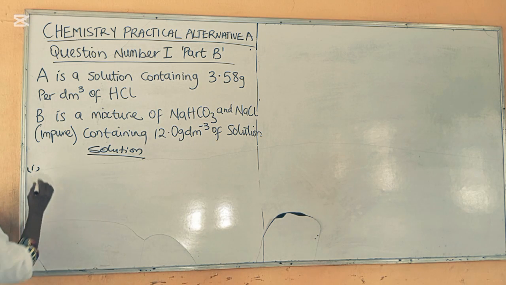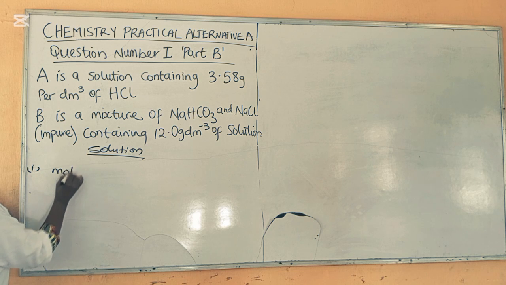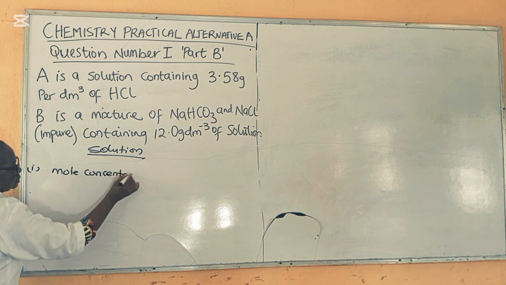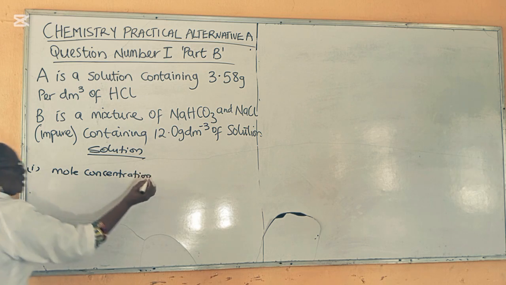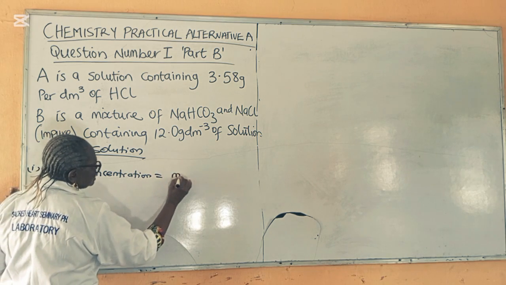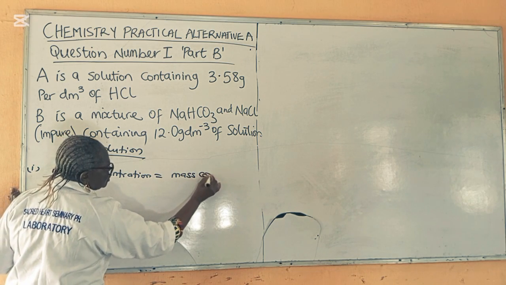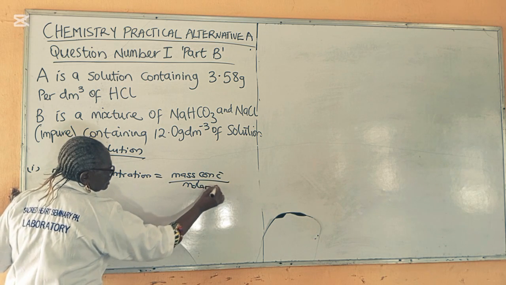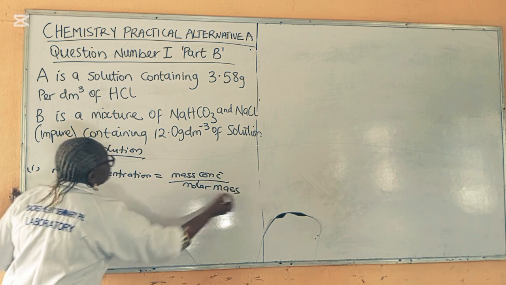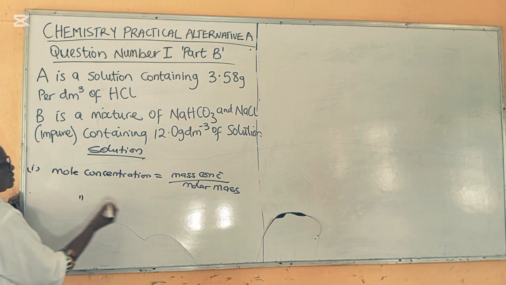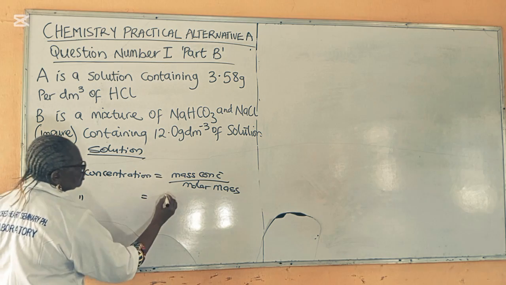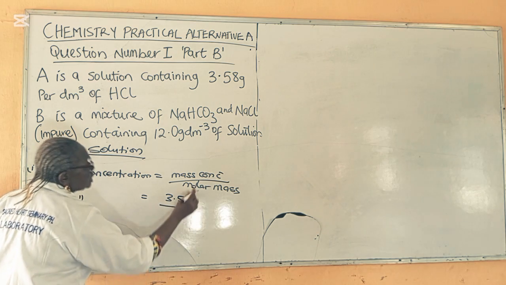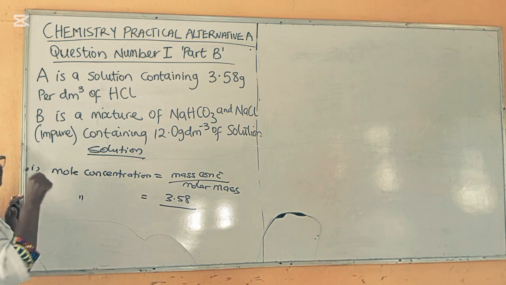We are going to use the formula: mole concentration equals mass concentration over molar mass. So we are looking for this. We have mass concentration as 3.58.